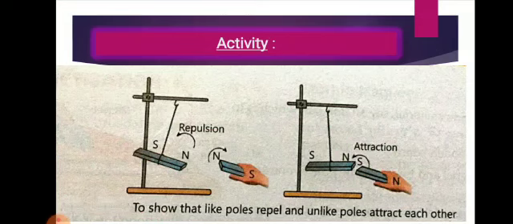The north pole of the second magnet repels the north pole of the first magnet. Now bring the south pole of the second magnet near the north pole of the suspended magnet. What do you observe? They attract. So from this activity we say that like poles of two magnets repel and unlike poles of two magnets attract each other.